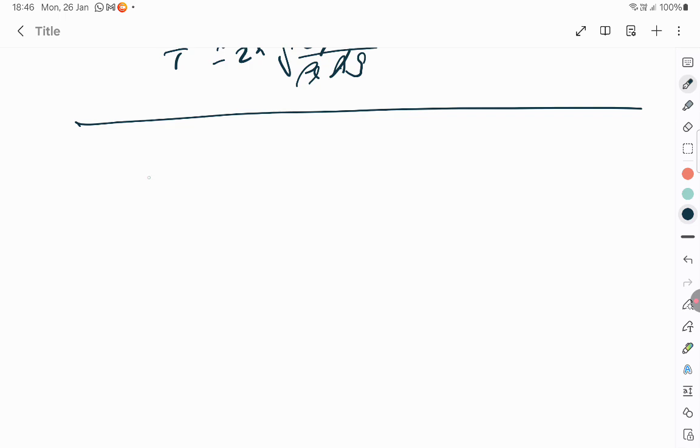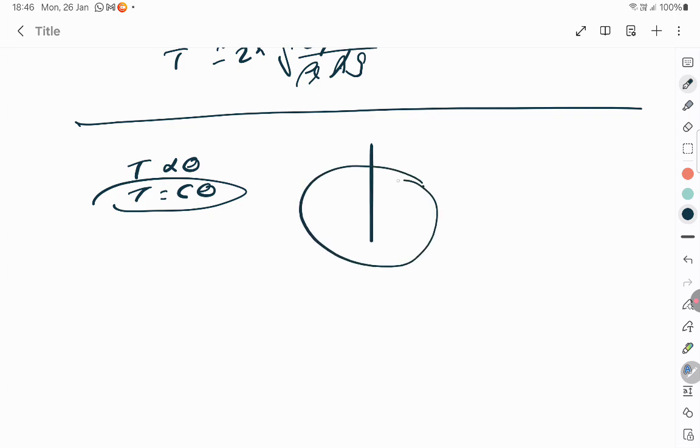So you know that in the balance wheel there will be a torque which is proportional to theta, and torque is equal to c into theta, because there will be a central axis, and the needle will be moving around like this.